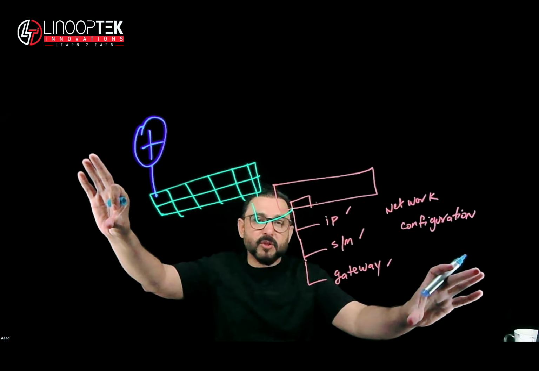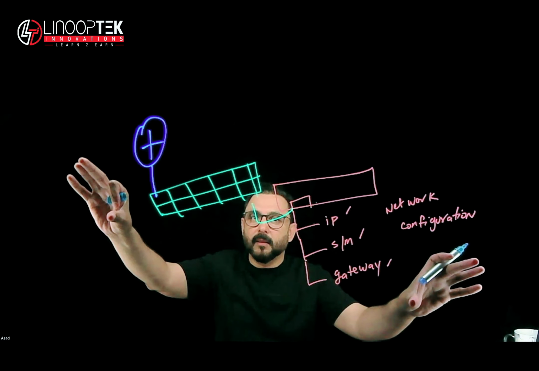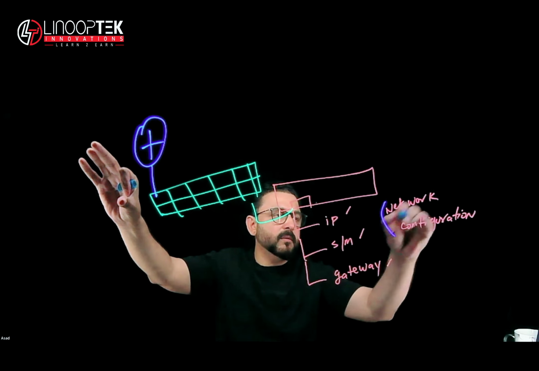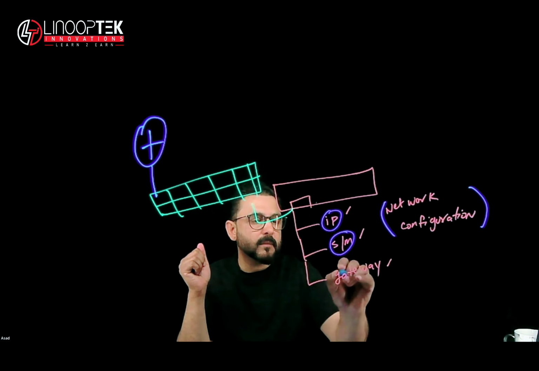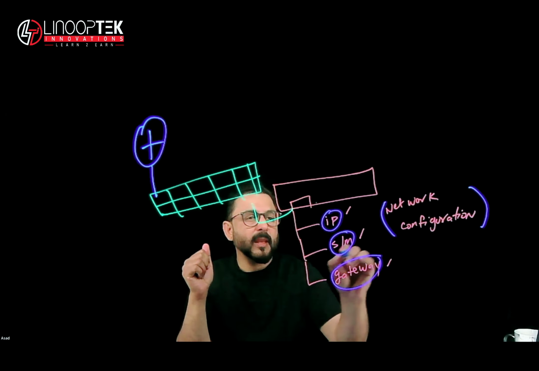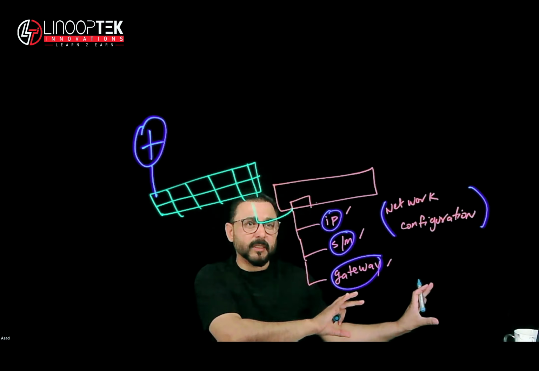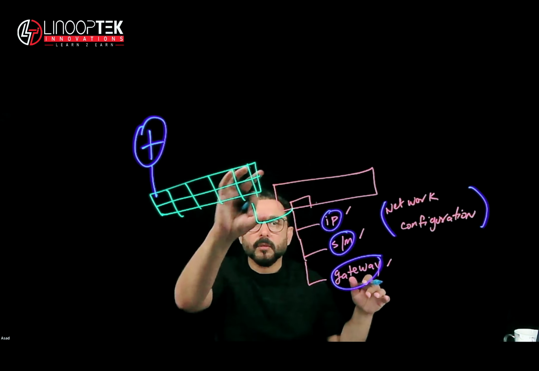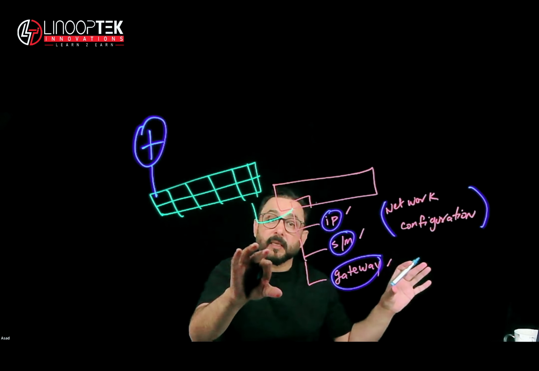So for every machine that's on the network, on the internet, this is all they have: network configuration, basically an IP address, subnet mask, and a gateway. How they assign all of this, we're not going to talk about that right now. Your router is doing all of these things.